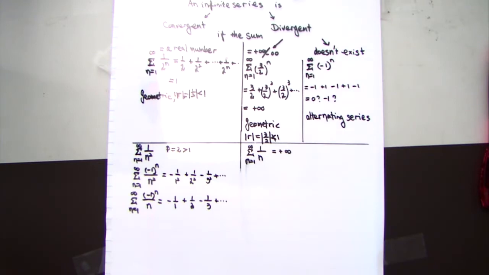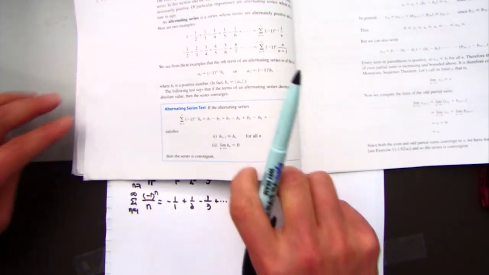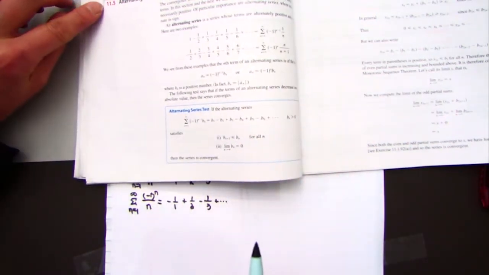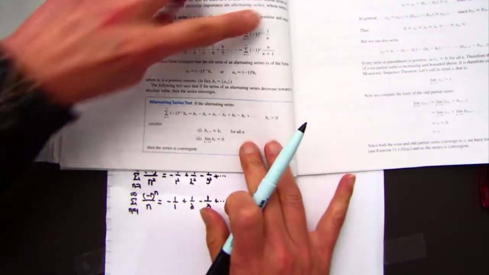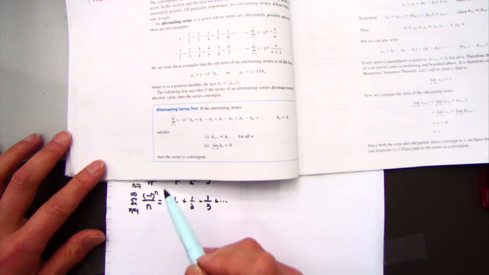So now I don't want to just talk, I want to give you the formal definition. So this is section 5, alternating series. There is a definition to check alternating series to see when they converge, when they diverge.